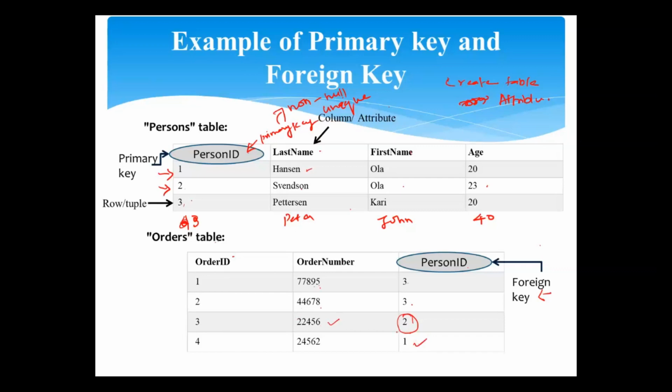In plain English, this person has made orders 77895 and 44678. How are they related? Using the primary key. The primary key of one table is acting as a foreign key of the other table, which helps us relate the two tables. This is how it is a relational database, we can say. Okay, is this concept clear?